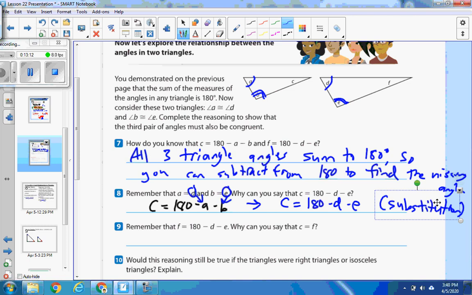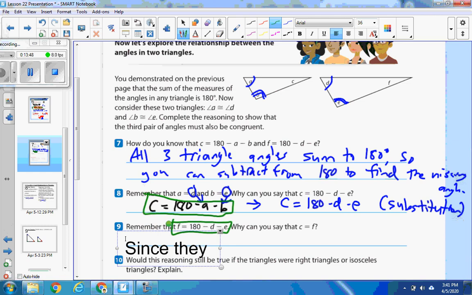All right, number 9. Remember that F is equal to 180 minus D minus E. So why can we say that C equals F? Well, the reason is it's kind of like substitution again. Because originally we said that F is equal to 180 minus D minus E, but now we also said that C is equal to 180 minus D minus E. So they're equal to the same thing. I'm going to type this one.